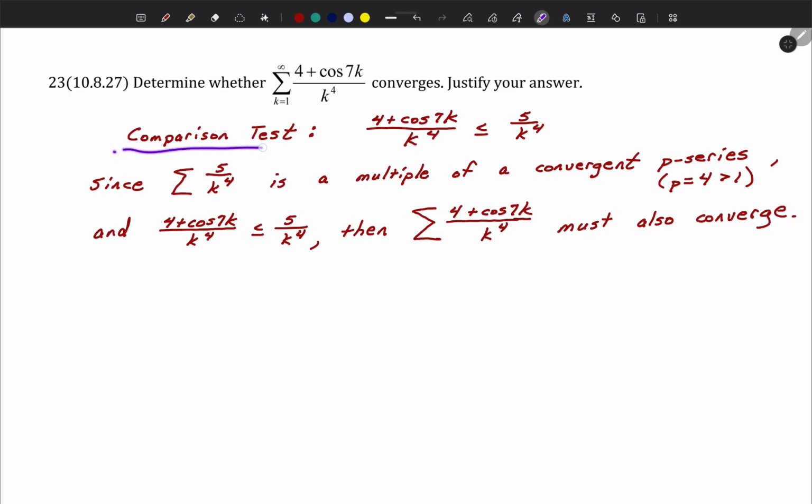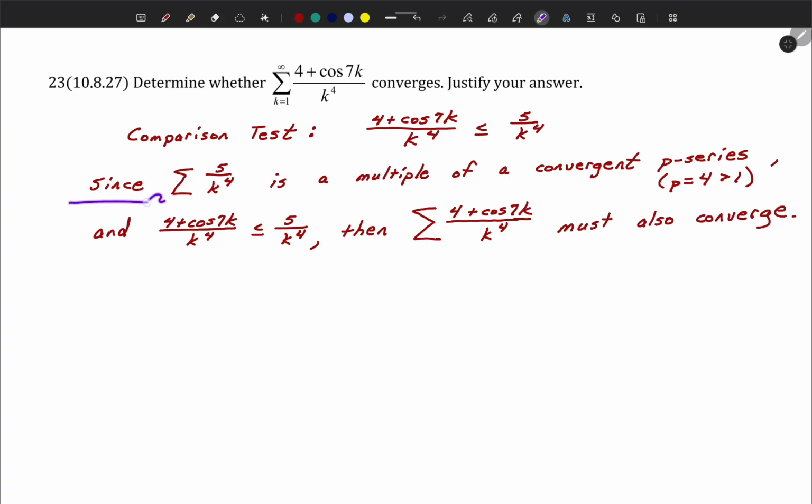So I'm going to explain why with the comparison test. What do I know? I know that the cosine of 7k, at most, could be 1, so it is less than or equal to 1. So I can say this numerator here, 4 plus 7 cosine of 7k, would be less than or equal to 5. And then this fraction would be less than or equal to 5 over k to the fourth.